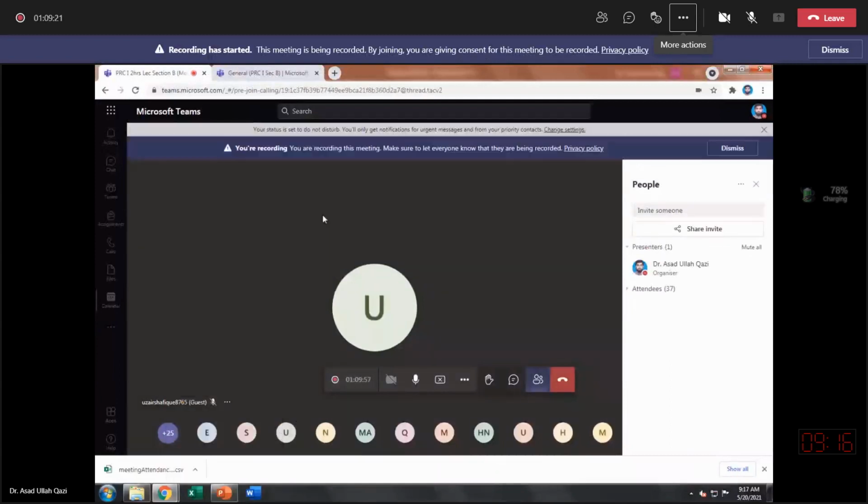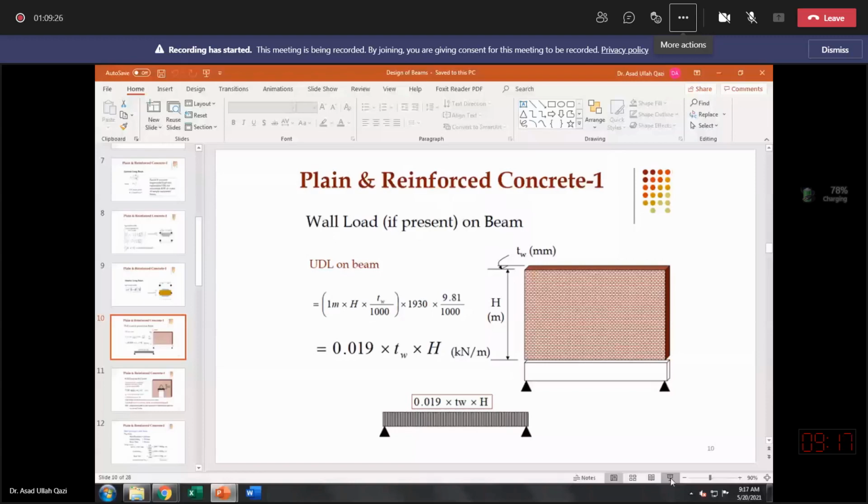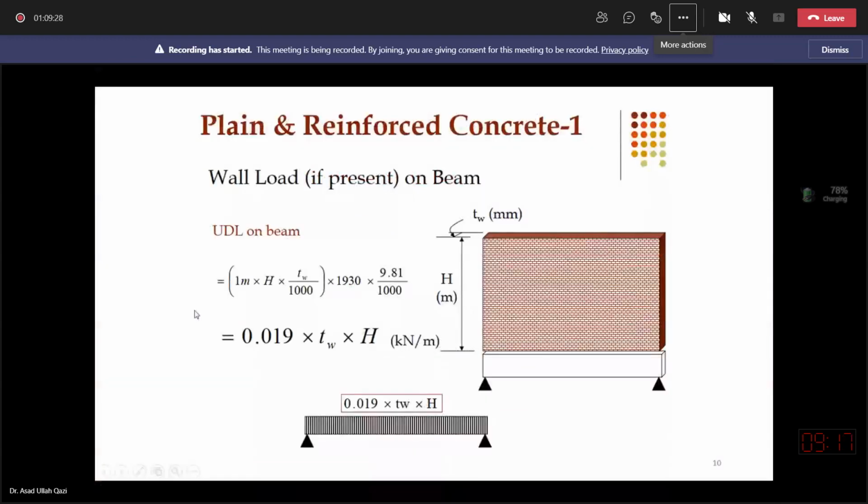I resume on slide number 10, where the discussion is on how to include masonry wall load on the beam. In this one slide, it is simply explained that you need to use the density of the masonry. You need to decide the thickness of the wall.